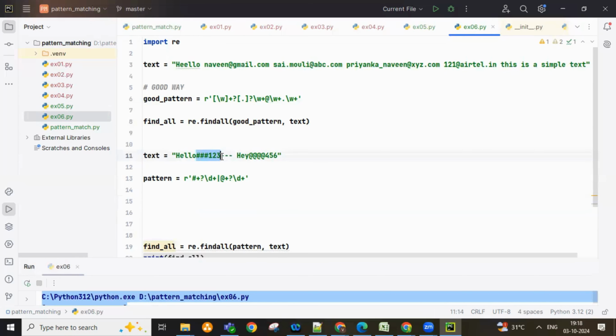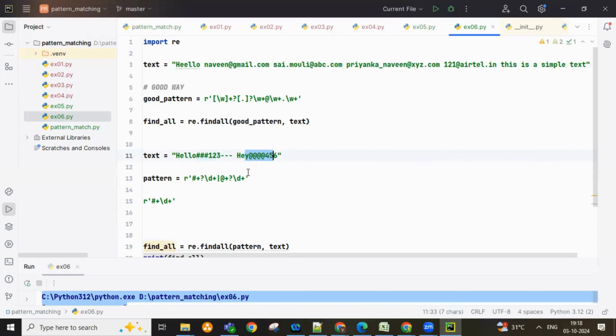If I tell you, can you write a pattern from this? It's very simple. Hash plus. You got it? And slash d plus. Isn't it, guys? Yes or no? For this pattern. Got it? Correct? You're fine with it?